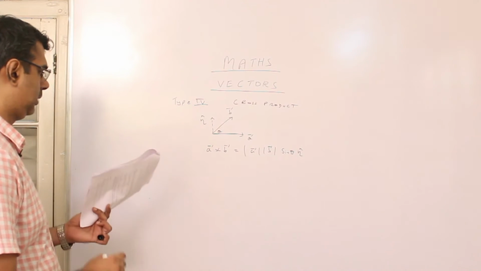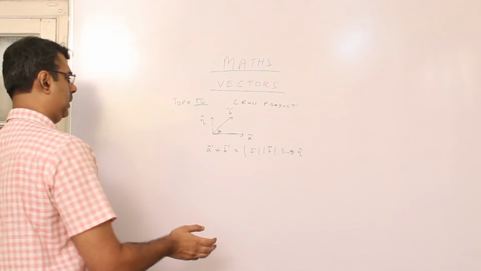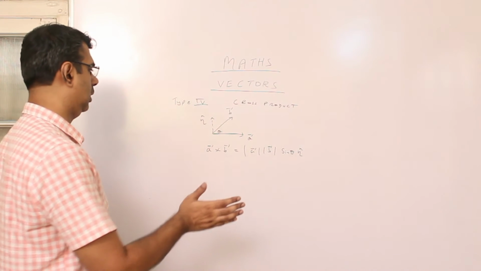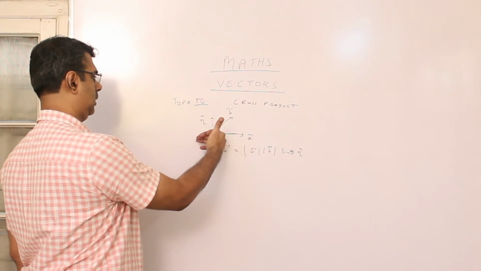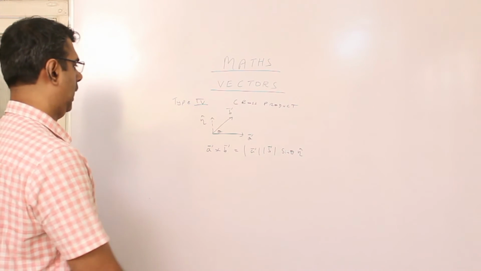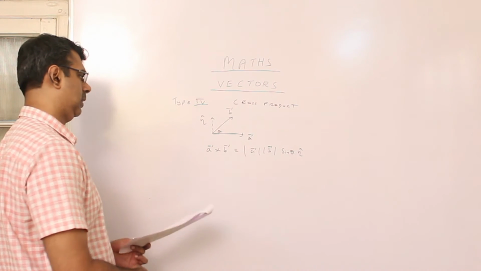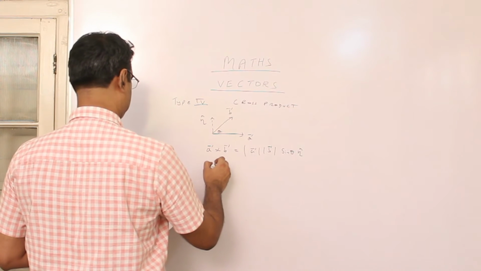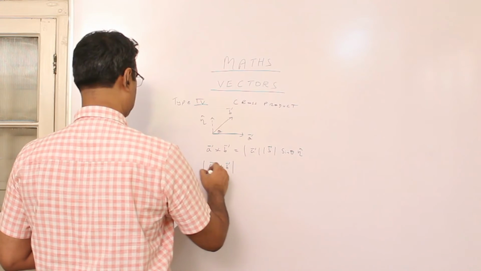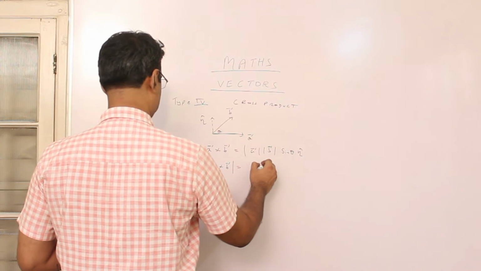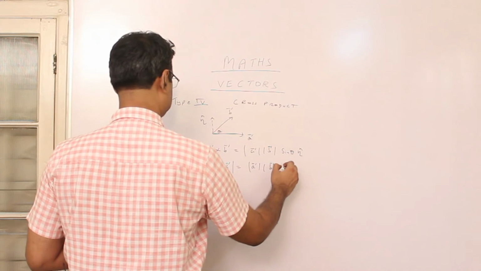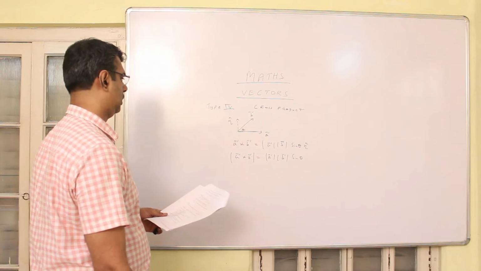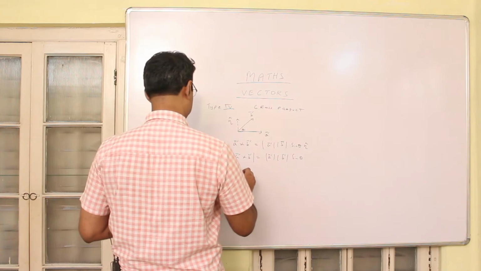Eta is the unit vector perpendicular to the plane of A and B. You can easily get the direction of eta by using the right hand rule. You take your right hand and curl the fingers from A to B, and your thumb will point towards eta. That is how you find eta. In fact, specifically to find eta, if you take modulus on both sides, then modulus of A cross B is modulus of A into modulus of B into sine theta.